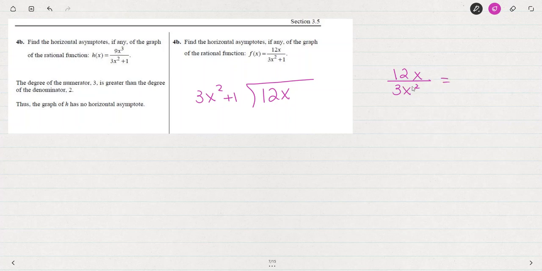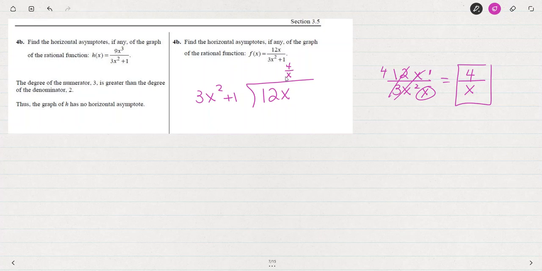I don't get a linear result or a constant, because if I were to reduce this, we'd have 4 over x, because x over x squared, we'd be left with an x in the denominator. 3 goes into 3 once, 3 goes into 12 4 times. x goes into x once, x goes into x squared x times. So we'd be left with 4 over x.